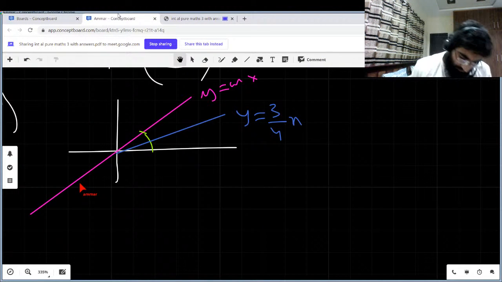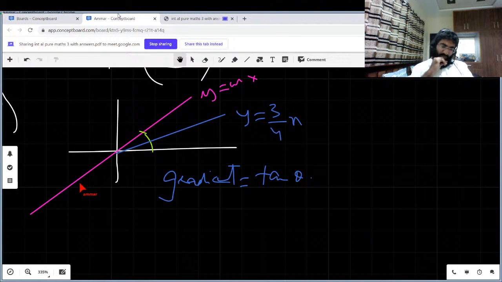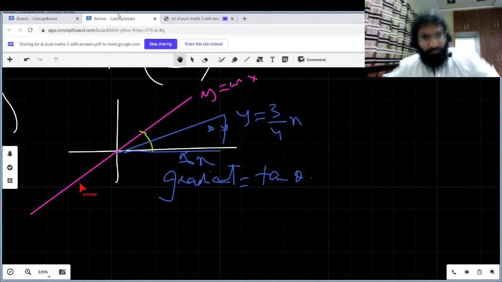So for this one, we know gradient is equal to tan theta. Why is it so? Tan theta is opposite over adjacent. So 3 and 4, right? Or gradient delta y over delta x. Okay, which is 3 and 4. To the next part, I'll be back.